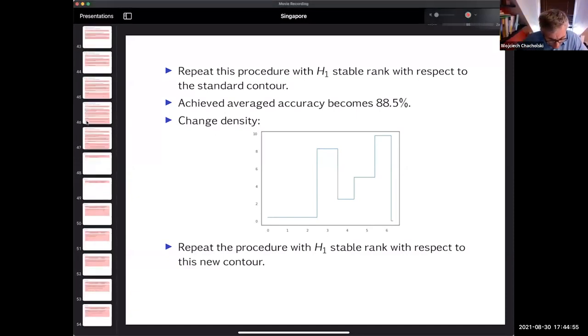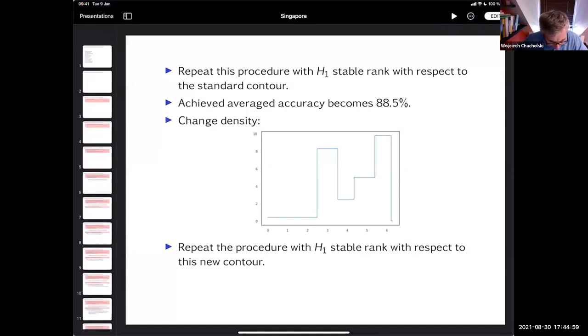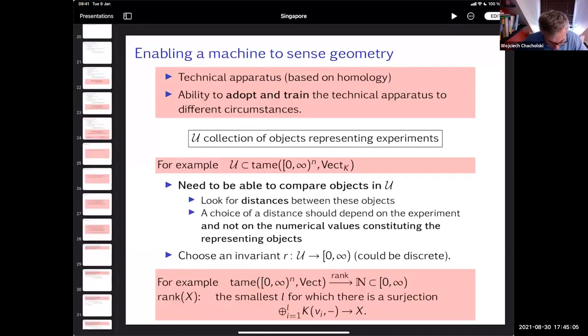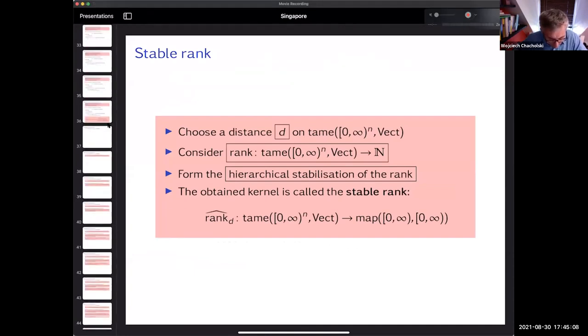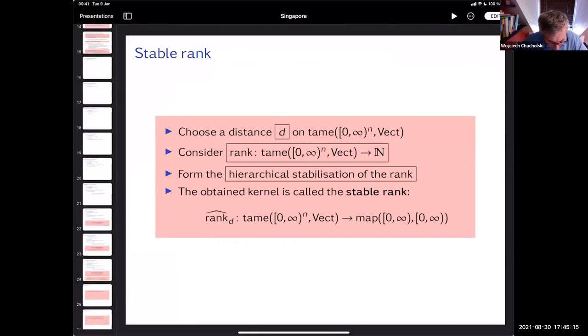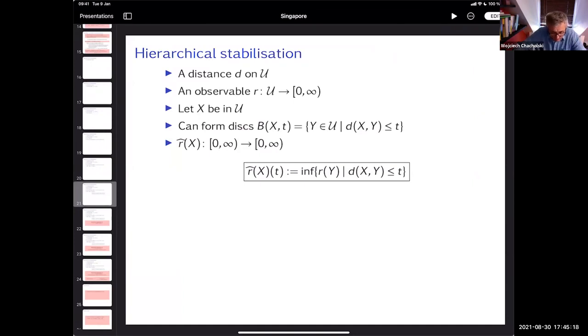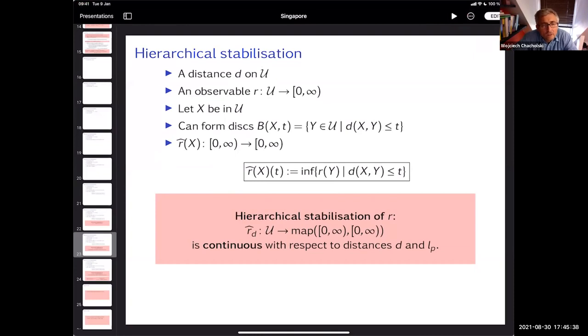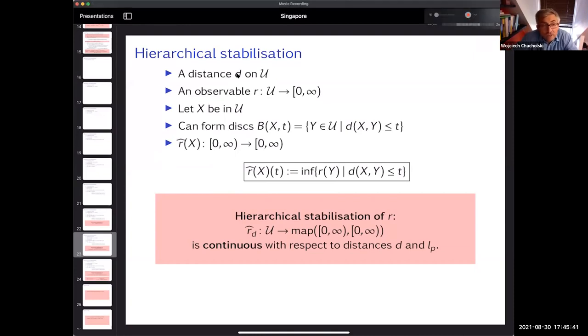So I can't remember off the top of my head. When we do this hierarchical stabilization, whether one needs this distance d on U, I think you can get away with much less than d, for example, without satisfying the triangle inequality.